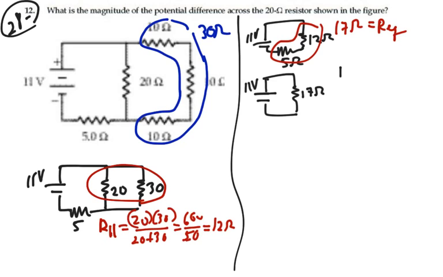That means that the current coming out of the battery is the voltage of the battery divided by my R equivalent, which would be 11 volts divided by 17 ohms, and that current will then be 0.647 amps.